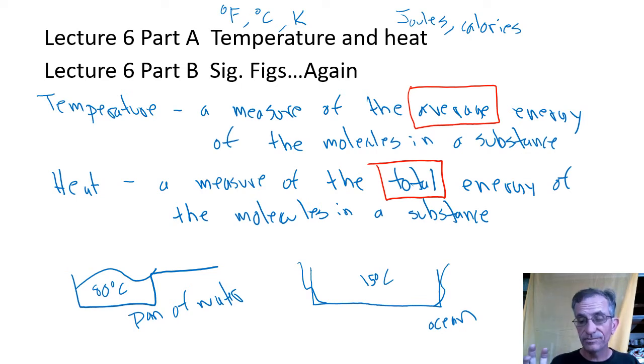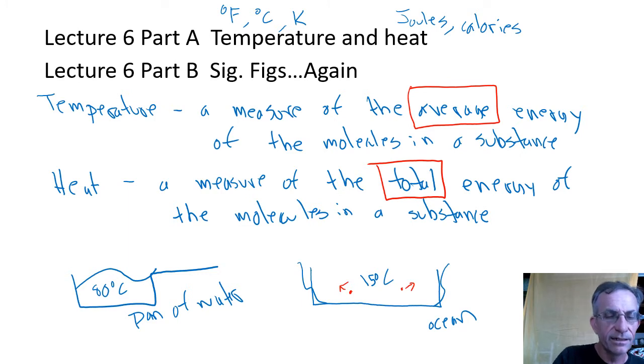So what that tells me is that on average, the molecules in the pan of water are moving way faster. The higher the temperature is, every little molecule is bouncing around faster. When the temperature is lower, those molecules are moving slower. So if I draw that out, let's say here's a little water molecule. He's moving kind of slow, and there's another one moving kind of slow.